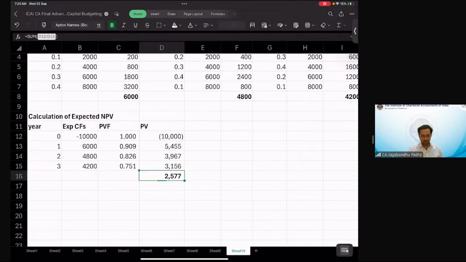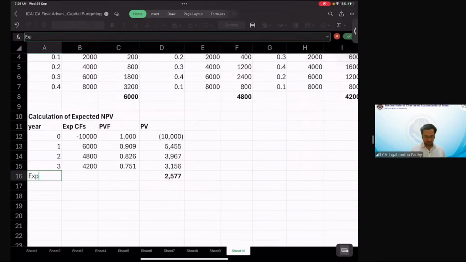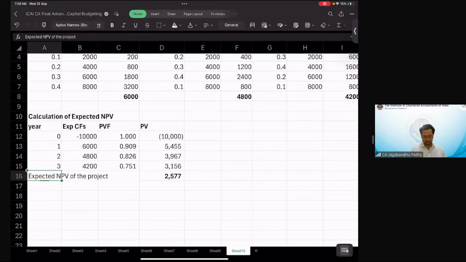This 2577 is nothing but the expected NPV of the project. 2577 is the expected NPV of the project, considering the future probabilities and the cash inflows and outflow pattern. Is it clear?